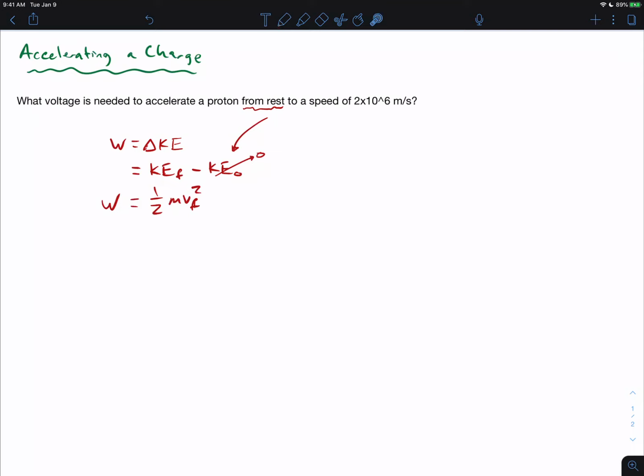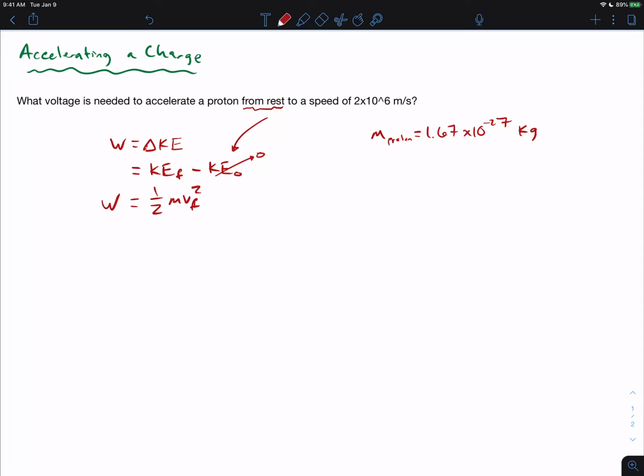We know the speed that we need to attain, and the thing we need to fill in is the mass. So one thing we're going to need here is the mass of a proton, and this is 1.67 times 10 to the negative 27 kilograms. We're going to define it this way so that we get work in joules.